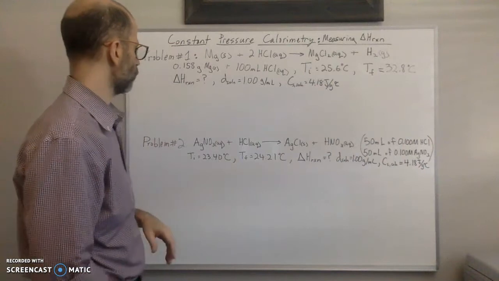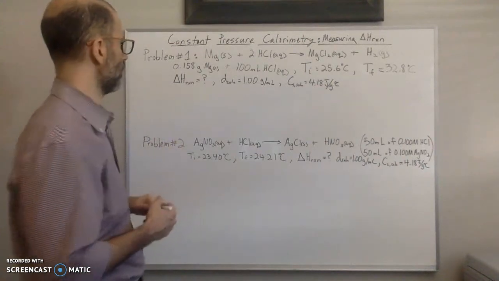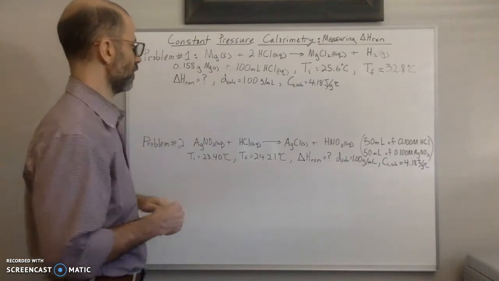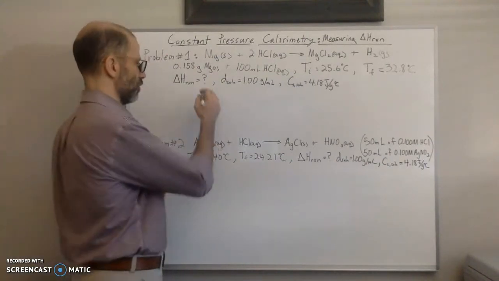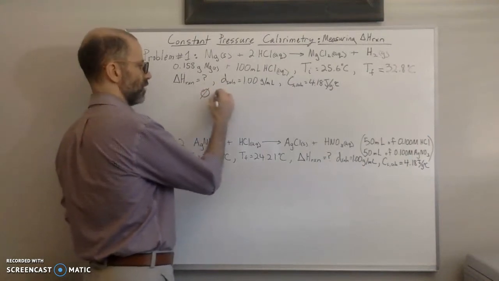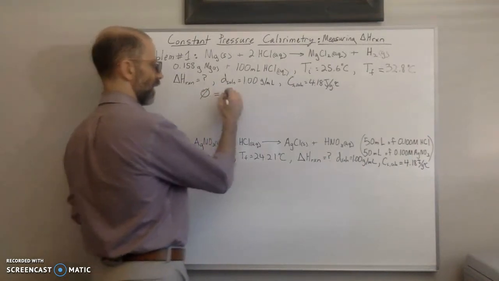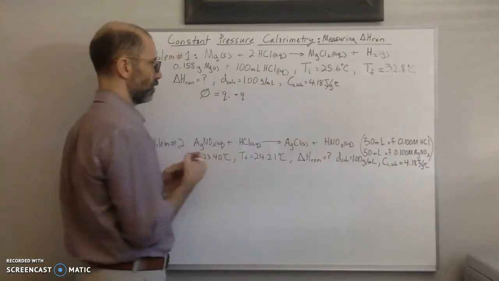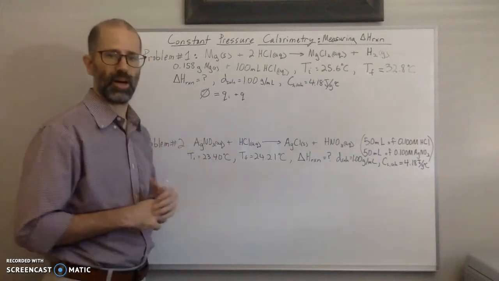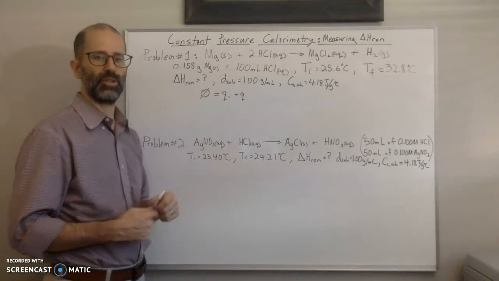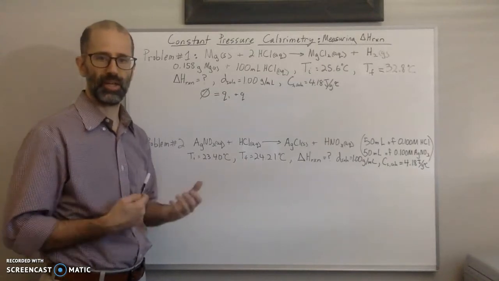Okay, so when we're doing this problem, we want to figure out the equation. And as I said before, you want to set it up so that 0 is equal to Q1 plus Q2 plus whatever. The only thing going on in this problem is that you've got the reaction going on, and you've also got the solution as well.